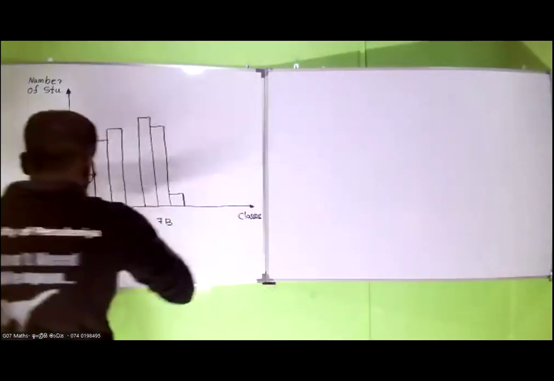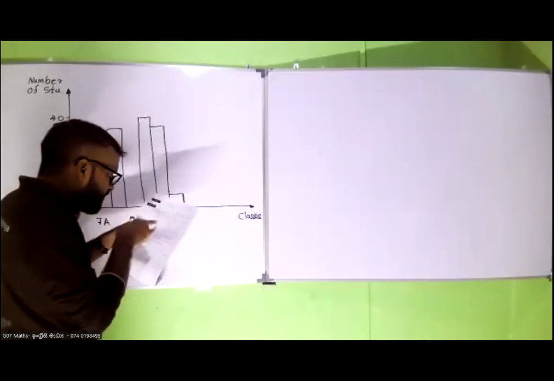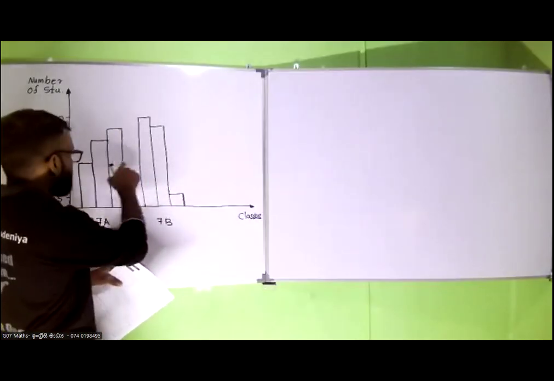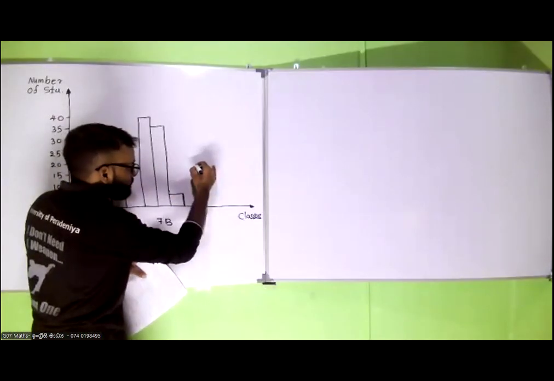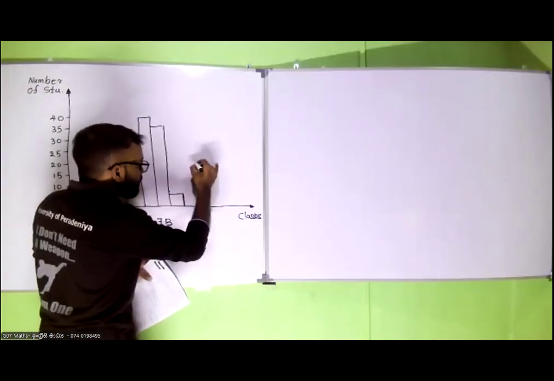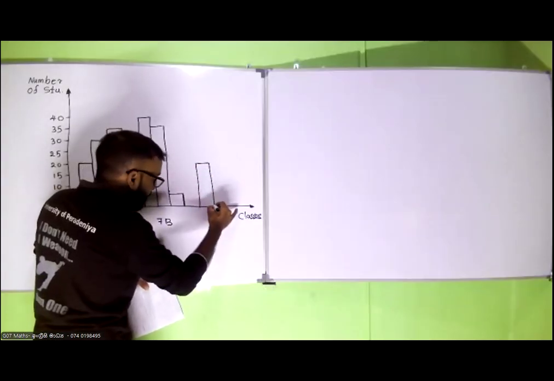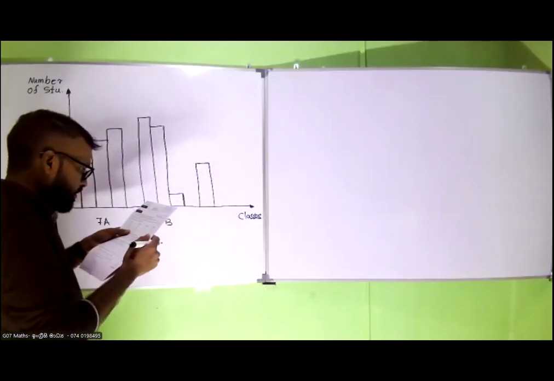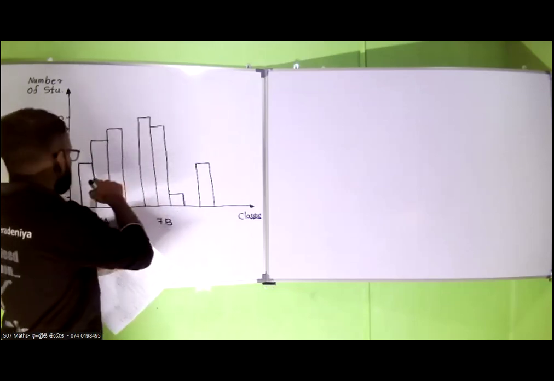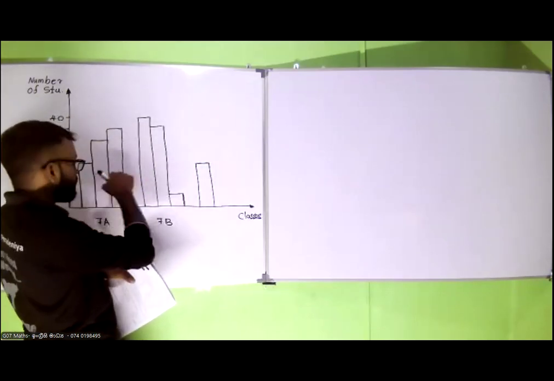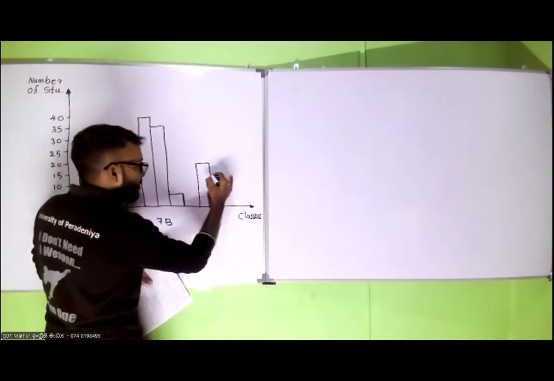Right? Okay. So the 7C class, first week 20 students right here. Second week 15 students directly here.